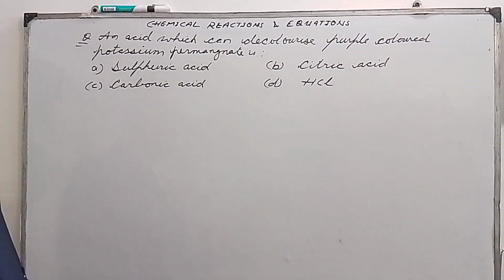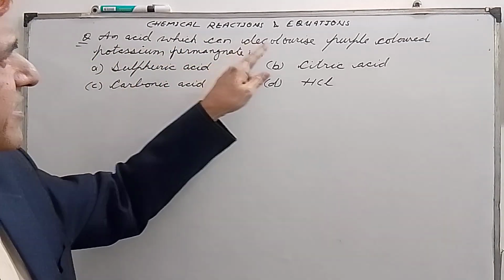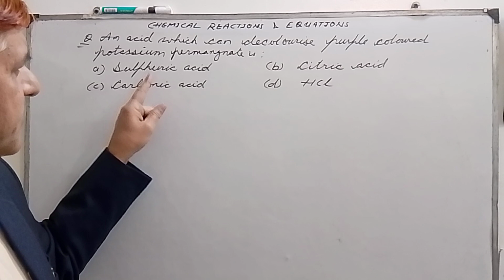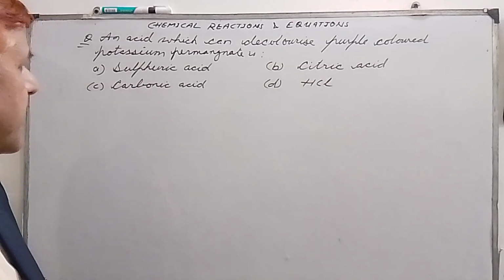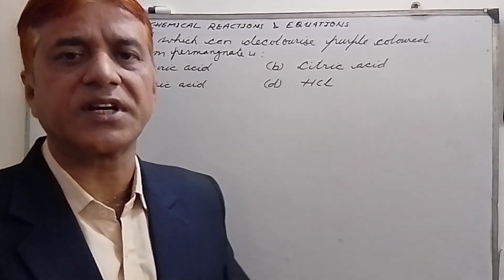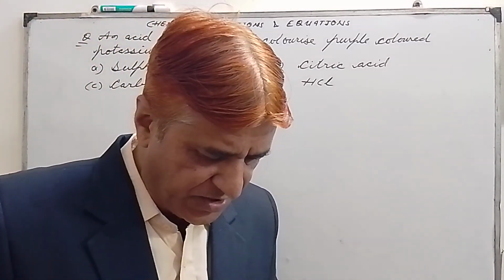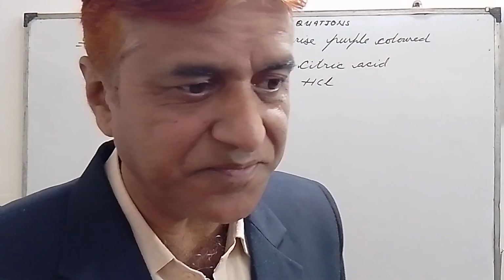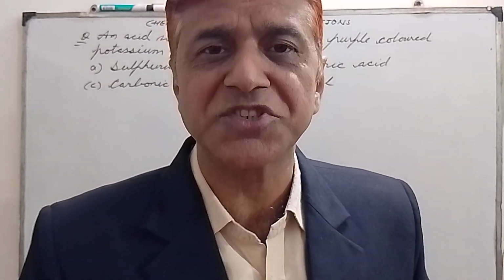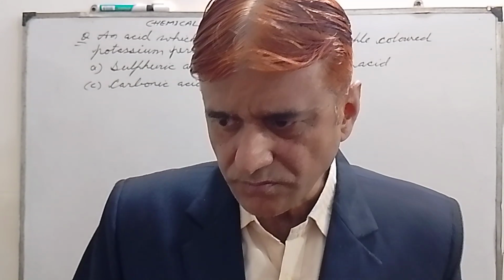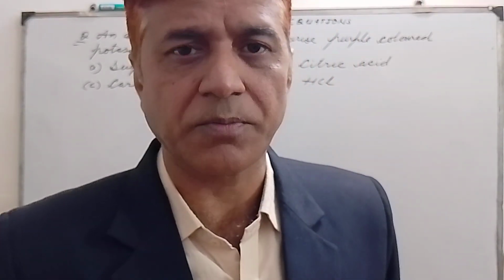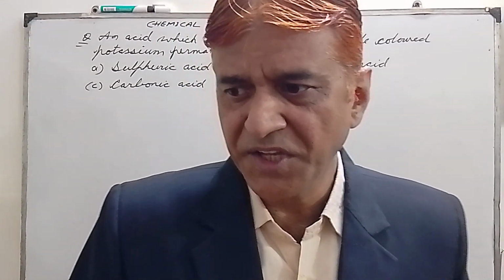I am repeating this question. So students, I would like you to do this question yourself. This is a very simple question actually and related to our previous topic, that is change in color.